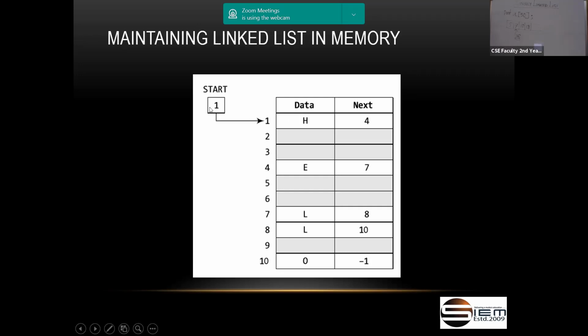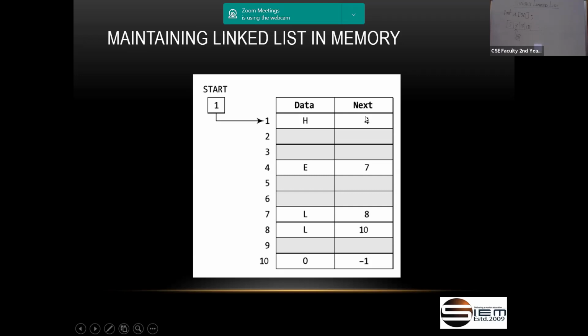Because it is storing 1, we will come to 1 first, and we will see what is present in the data. H is present. Then we have to see what the next node is, so we look at the next part. It says go to address 4.